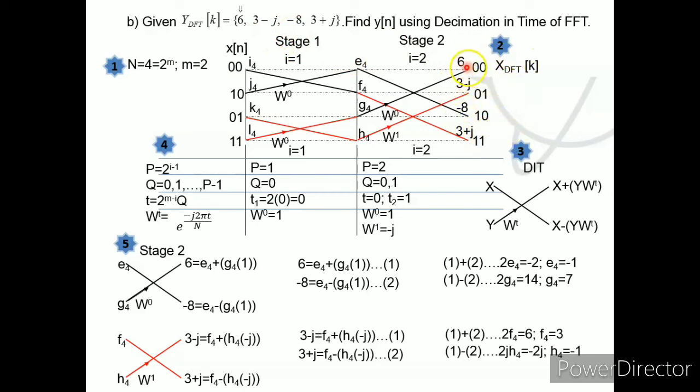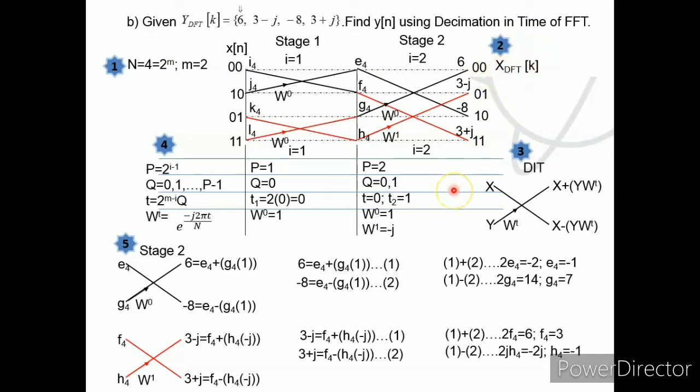For example here, 0 is 6, followed by 3 minus j, then negative 8 and 3 plus j. Why can we arrange it in ascending order? Because this technique uses the DIT method. For the DIT method, the binary number is arranged in ascending order at the DFT side.